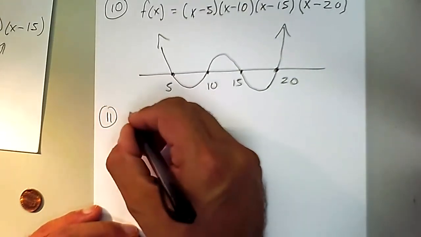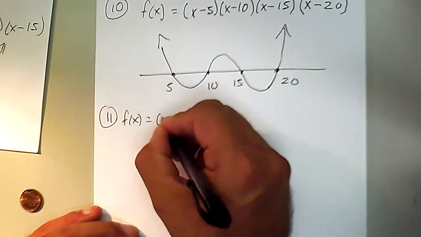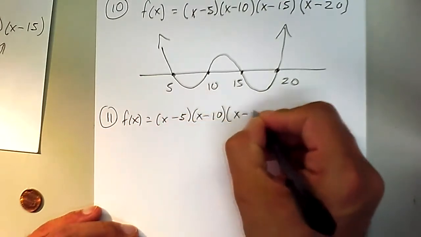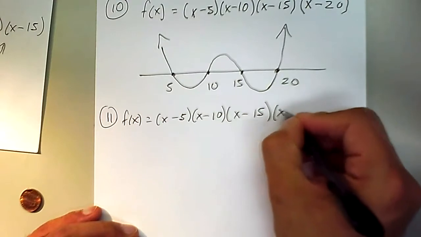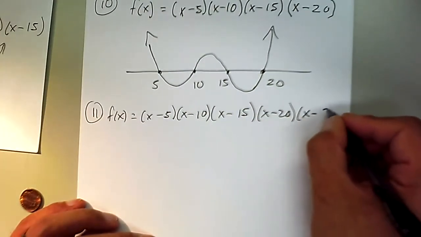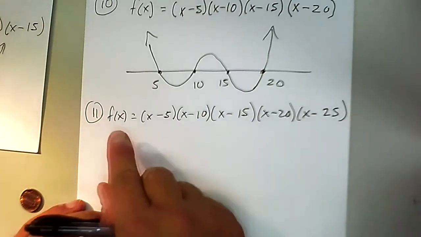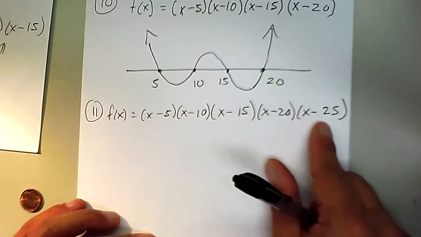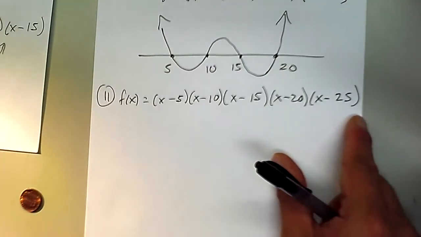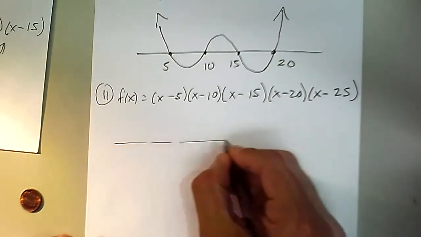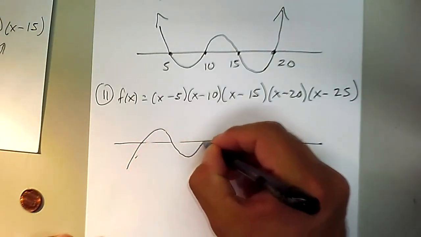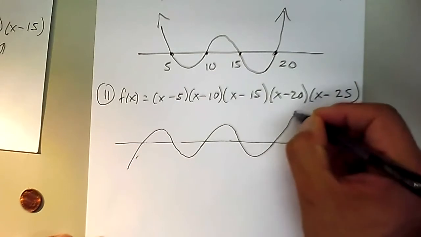Example 11. f of x equals x minus 5, x minus 10, x minus 15, x minus 20, x minus, if you had to guess, 25. Now we got 1, 2, 3, 4, 5 zeros, each one of them with multiplicity 1. Can you tell what the graph is going to look like? 5, 10, 15, 20, 25.